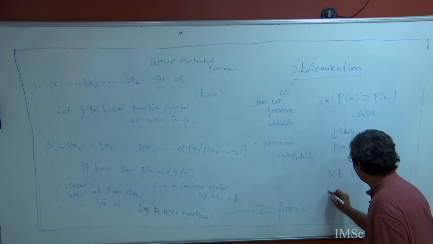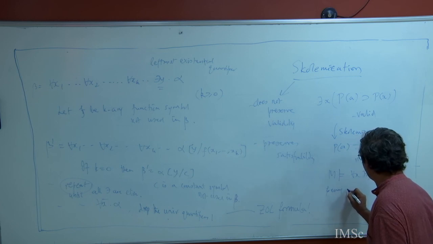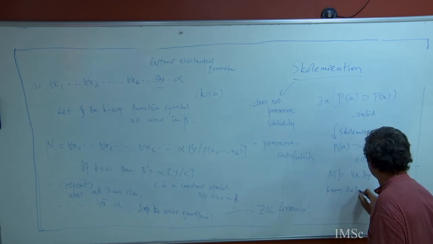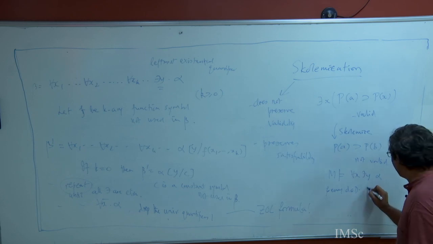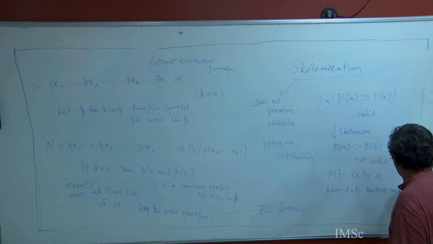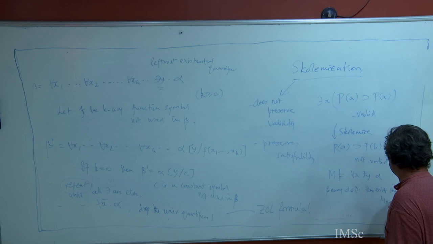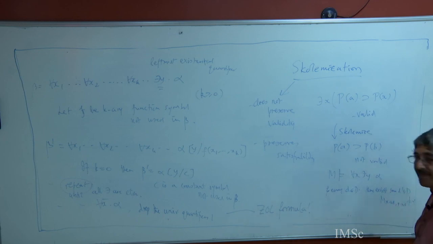Then for every element d of the domain, if x is assigned d, there exists some d prime belonging to D such that M with x assigned to d and y assigned to d prime satisfies alpha.